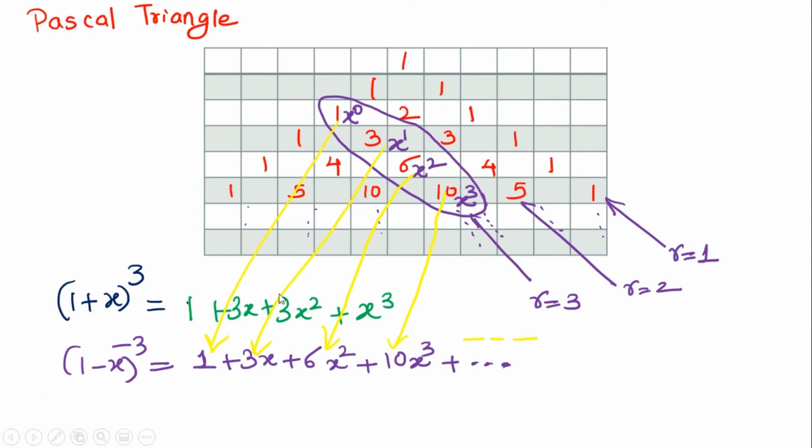You just have to make a note that in positive power we will have a limited number of terms, and in negative power of this term, you will have an infinite number of terms.